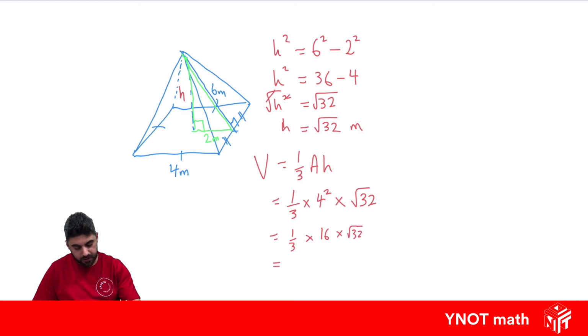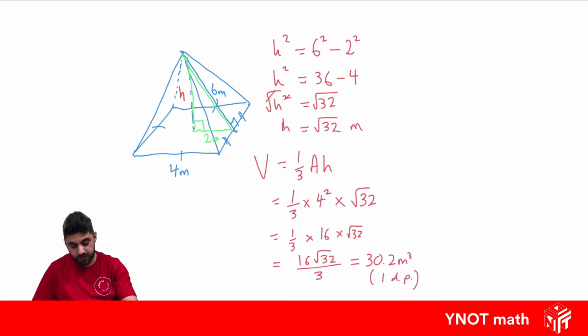So that's just going to be 16 root 32 over 3. And we can simplify our surd or plug it into the calculator, and we get 30.2 meters cubed, because it's a volume, correct to 1 decimal place.